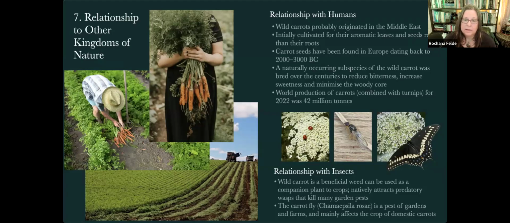It is used as a beneficial weed or a companion plant to crops to attract the predatory wasps that will then kill garden pests. But alternatively, it's very interesting that in cultivated carrot crops, there's actually a carrot fly that's specific to that domesticated carrot and is a pest and can affect those crops. So I did find that sort of interesting.